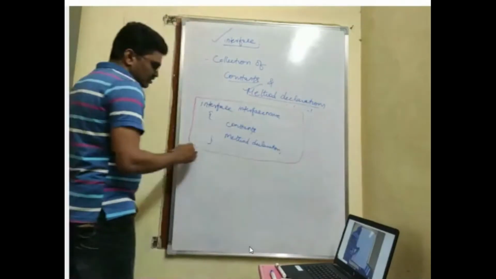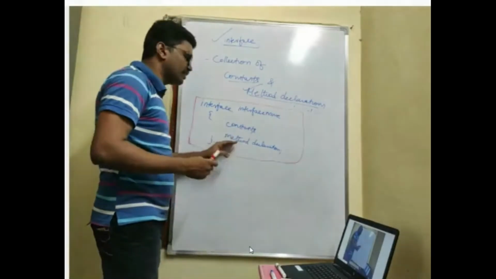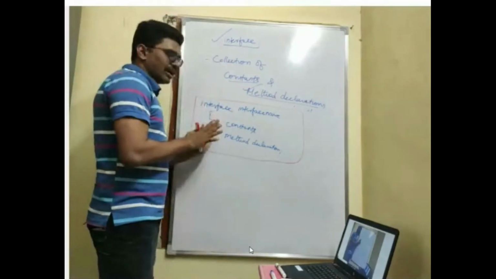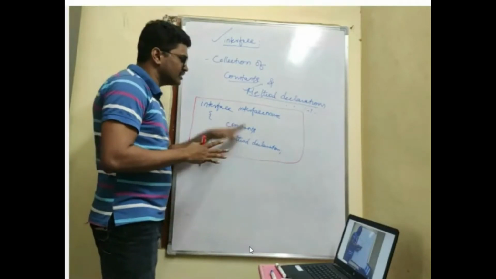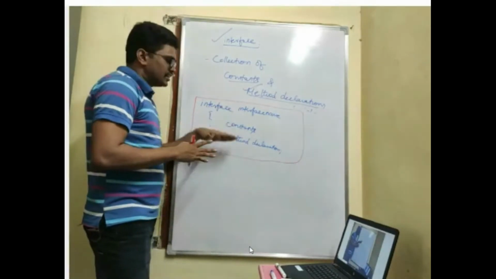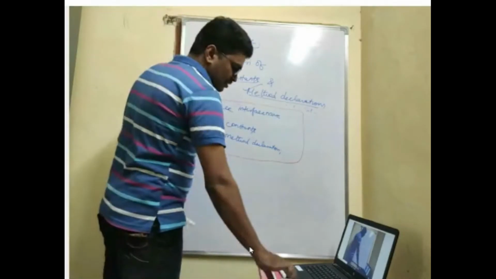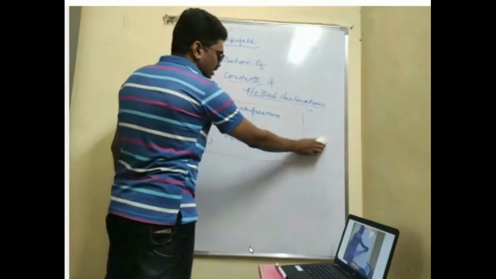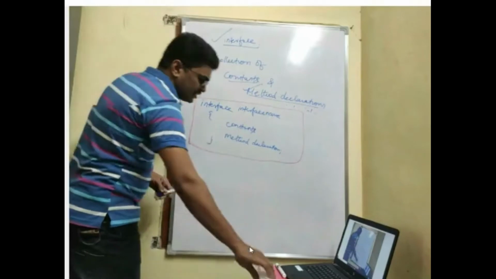In Java 8, they have introduced a new interface concept where you can write definitions. But normal Java till Java 7, there is no concept of writing method definitions inside of the interface. Interface contains only method declarations. Is that fine? So interface is a collection of constants and method declarations. This is the syntax for defining an interface.